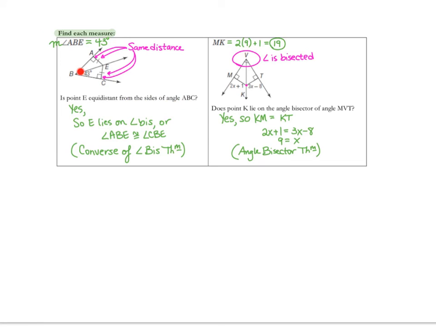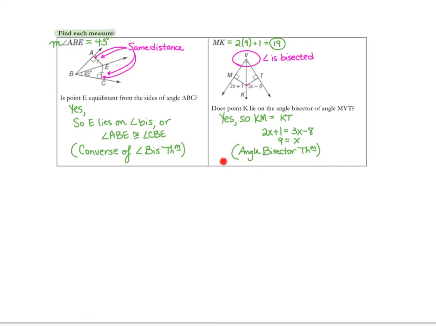Therefore, E must lie on the angle bisector, which means that ray BE is the angle bisector of angle ABC. So if this angle is 43 degrees, then this angle would also have to be 43 degrees. That is the converse because you weren't given that it's an angle bisector. It doesn't show you it's an angle bisector, it's showing you the distance over here. So this one's the converse.